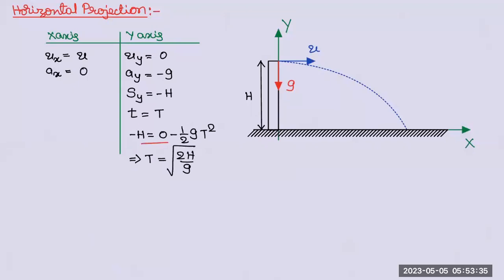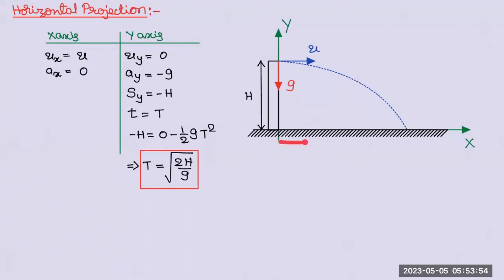I'm not writing in detail each and everything in the side heading. Simply, I'm going through the derivations as quickly as possible. So this is the time of flight: root of 2H by g. I know students who will mug it up. Good. If you can remember, that's always good. Now you got the time of flight, and you need to find the range also.